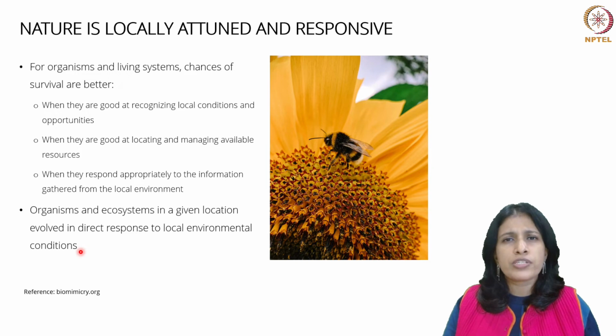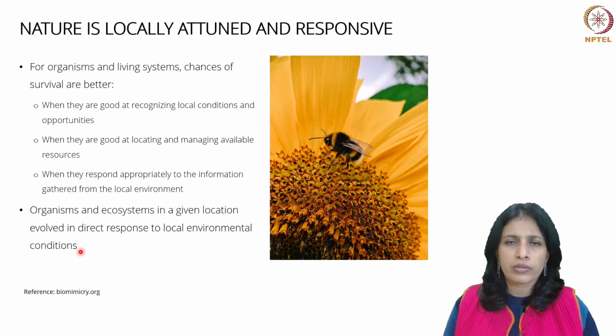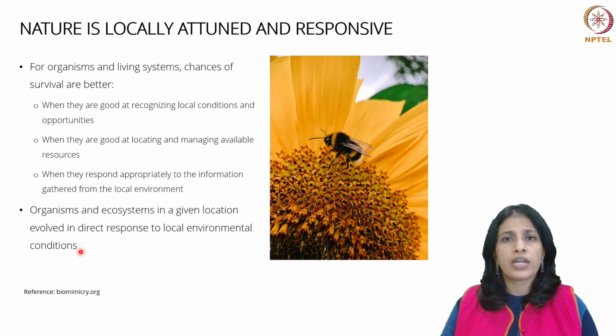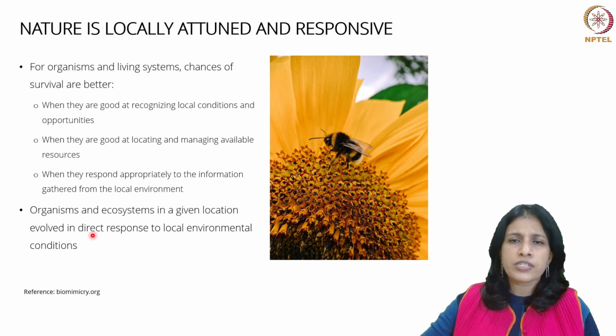So you have organisms that live in high moisture areas. They thrive in those high moisture areas. Whenever the tides come in and out, they live in those regions. Also, there could be some slower changes that happen, and at the same time, organisms adapt to those slower changes as well. So that is nature being locally attuned and responsive. And this is kind of an aggregation of some of the other patterns that you have seen earlier.